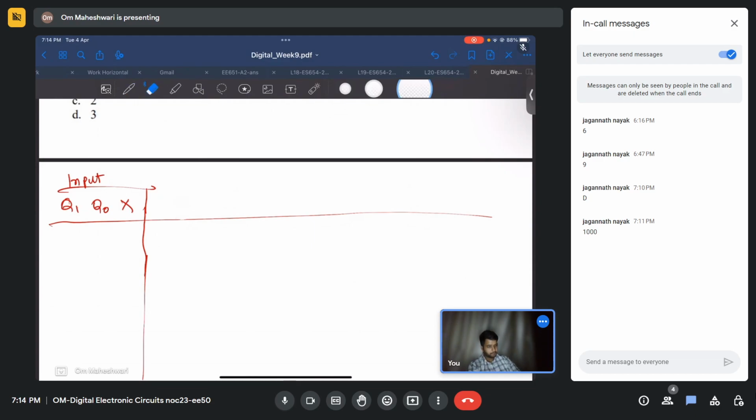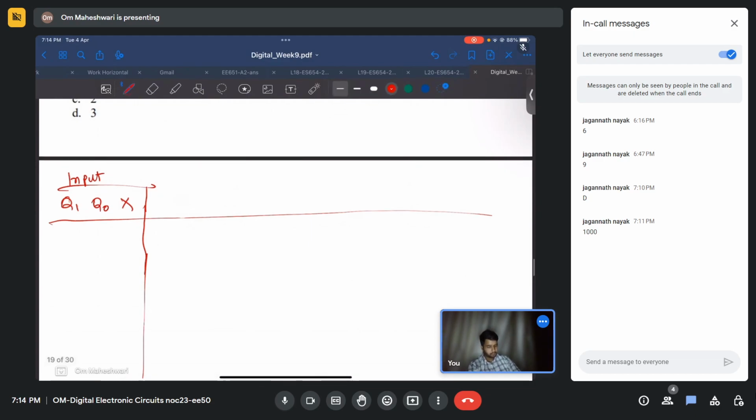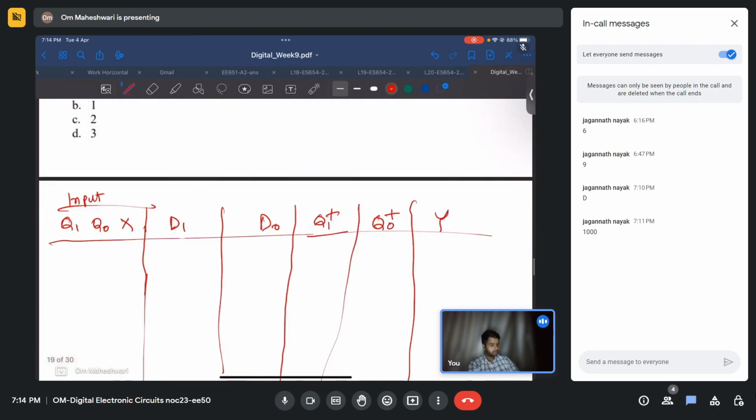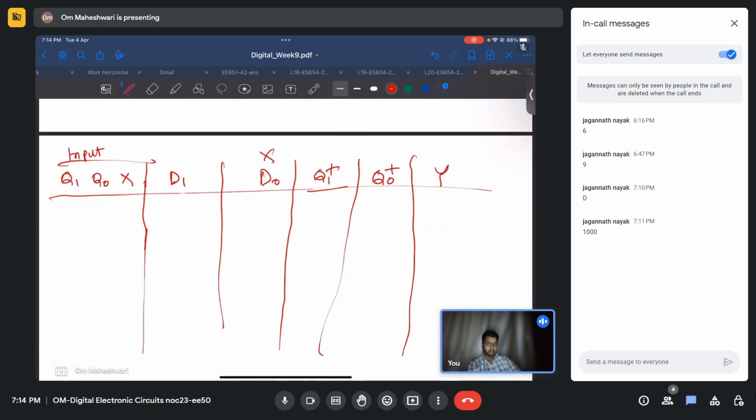So D1, D0, Qn plus, so Q1 plus, Q0 plus, the next state and Y, and D0 is X, right? So this is X also.